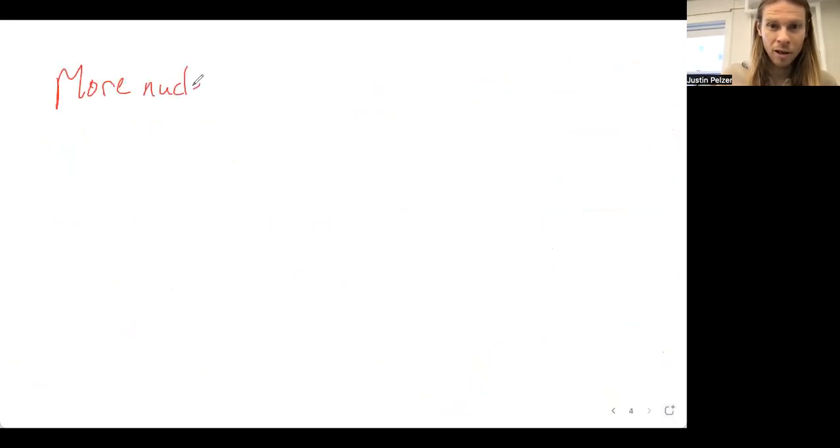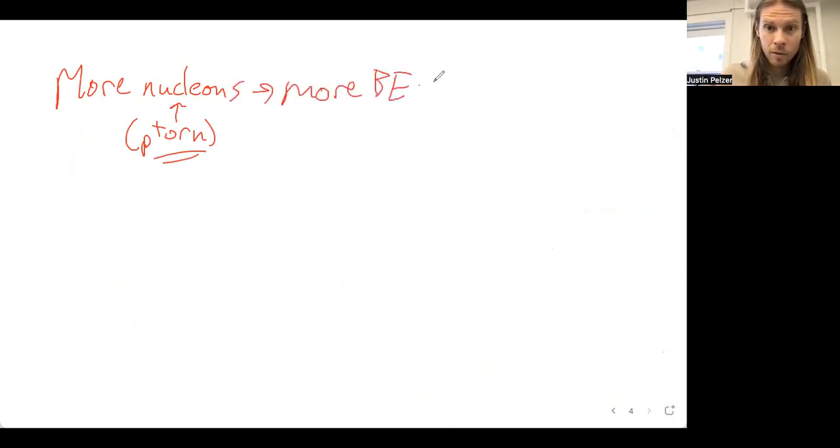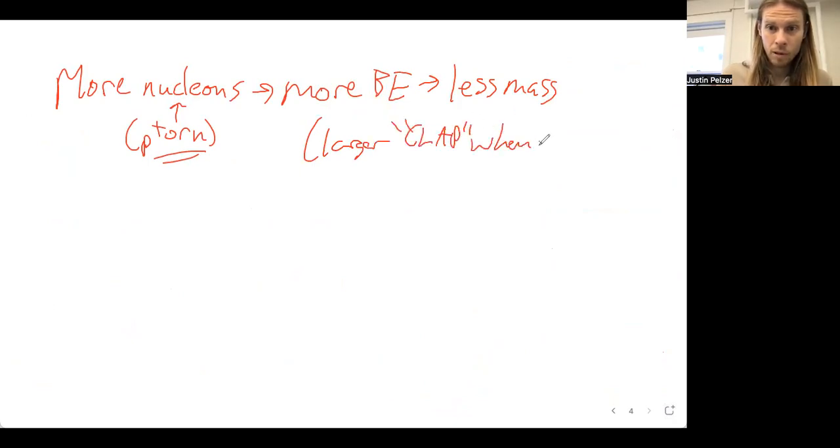What is a nucleon? It's just a proton or a neutron. That's it. That which makes up a nucleus, right? More nucleons means more binding energy, which means less mass. Right? A larger clap when it forms.